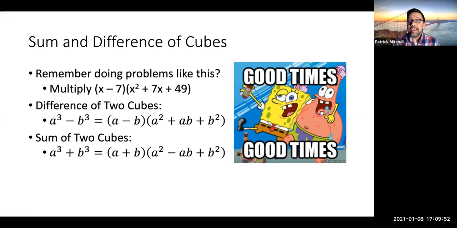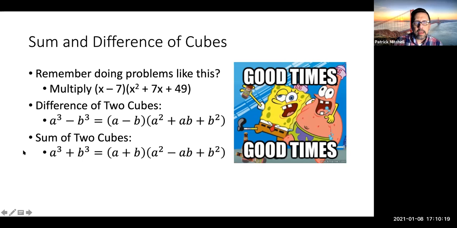And then even though you couldn't factor the sum of two squares, you can factor the sum of two cubes. And the pattern is very, very similar. If you start with a cubed plus b cubed, that factors into a plus b, and a squared minus ab plus b squared. So except for the signs, these two patterns are completely the same.